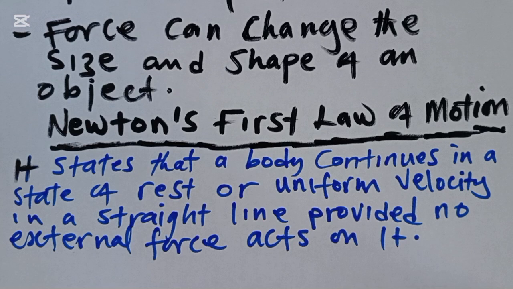A body continues in a state of rest or uniform velocity in a straight line, provided no external force acts on it. For example, if you leave something on the ground, after 7 days you'll find that it is still there, provided no one is tampering with it.